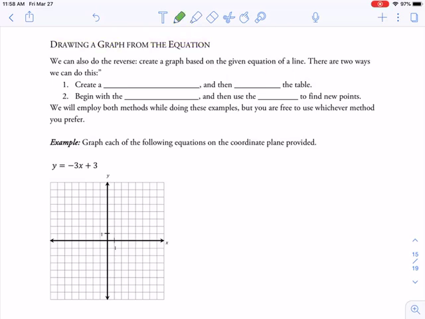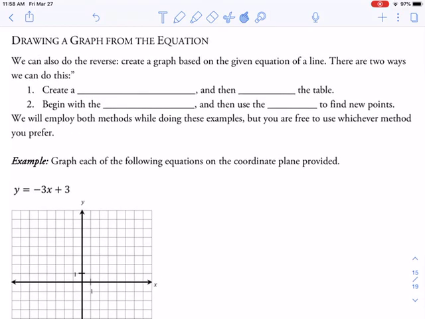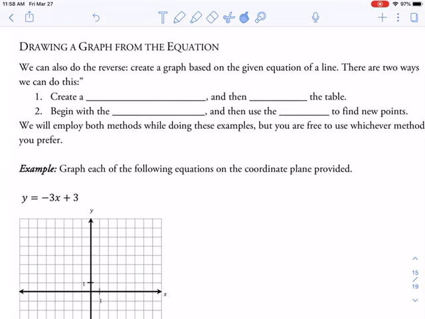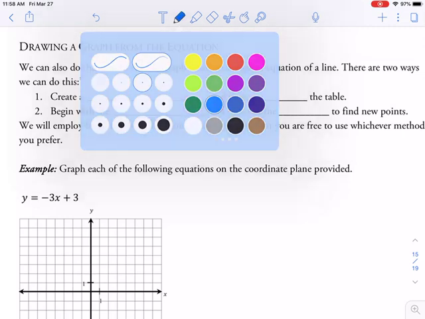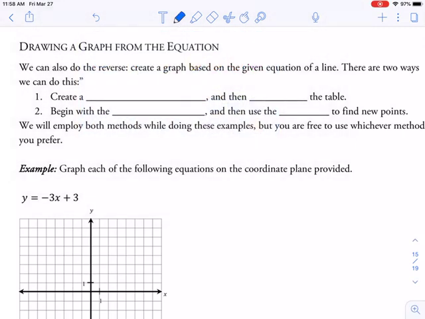Okay, so there are kind of two ways to do this process, and I would recommend the second way, but you're always welcome to do whichever one you prefer. Okay, so the first way is to create a table of values and then graph the table.